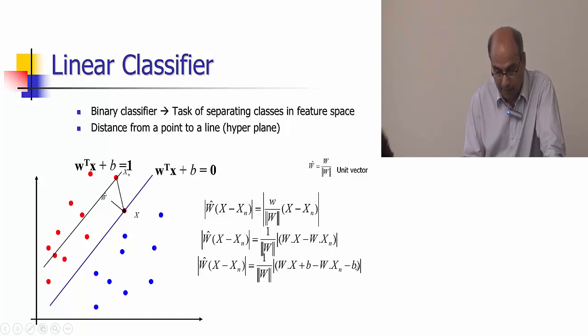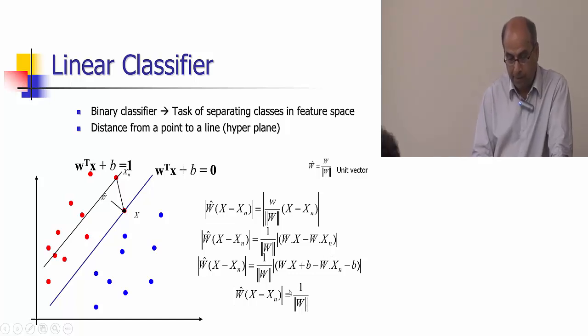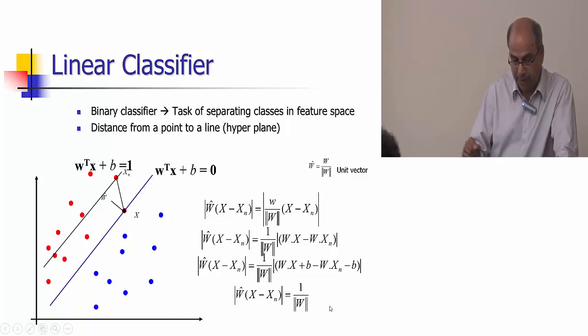Then we can say that this is equal to 0 and this is equal to 1, so the absolute value of this is 1 upon the norm of w. Therefore the distance from a point to the plane, a line, hyperplane, is 1 upon the norm of w. So that's the second thing we need to use.